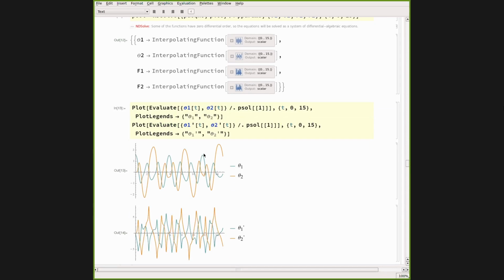So you can see the time plot of these functions, but unfortunately it is quite difficult to analyze how the system behaves when you have such different oscillations.